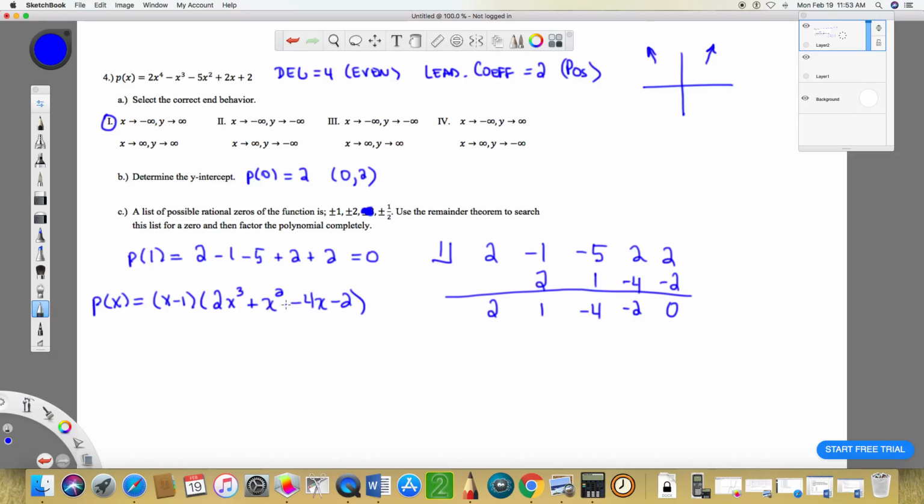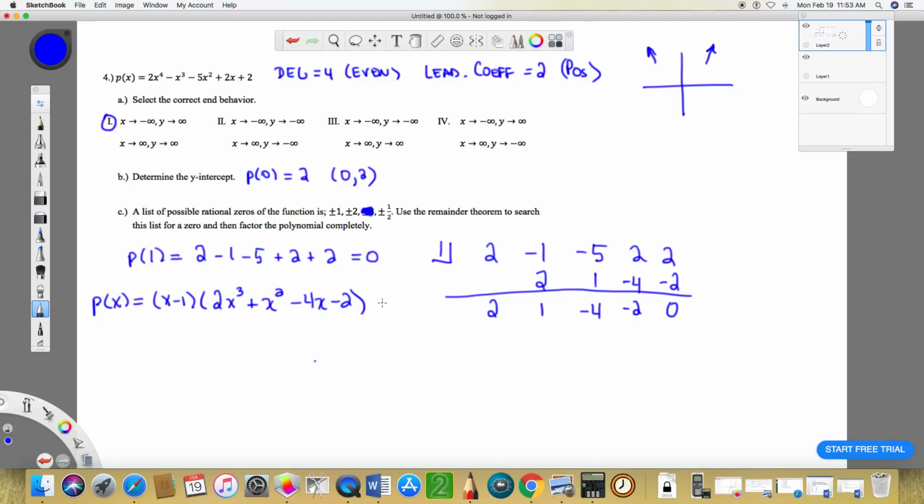Well, it turns out this one looks like it could be factored by grouping, but suppose you didn't see that, suppose you didn't know that. We can use the same list and even the same 0 to try again to see if we can find a 0 for this function.